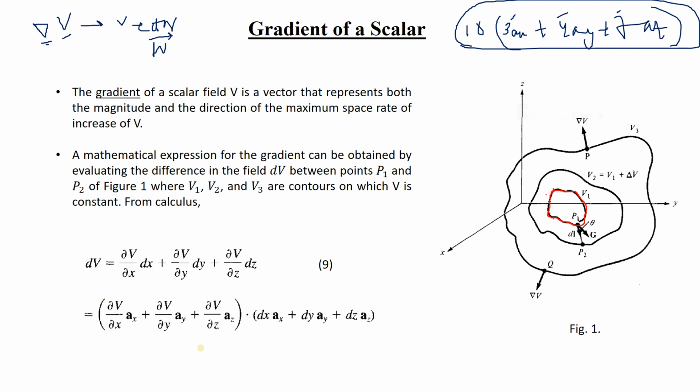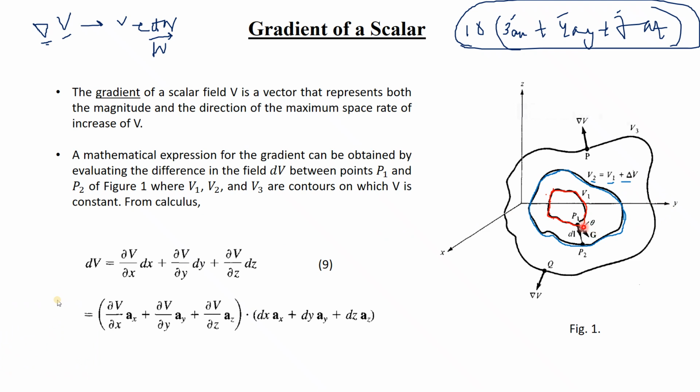If you have a surface on which the potential is constant wherever you go, that surface is called an equipotential surface. Now the middle one is also equipotential, but its potential is V2. V2 is greater than V1 by some margin equal to delta V. That means V2 equals V1 plus delta V.